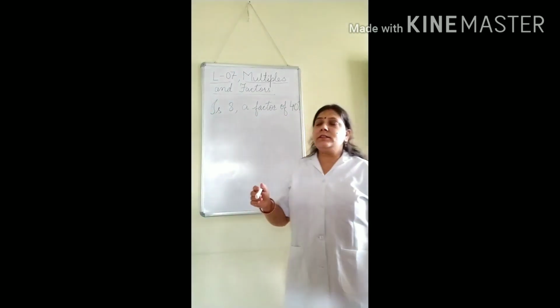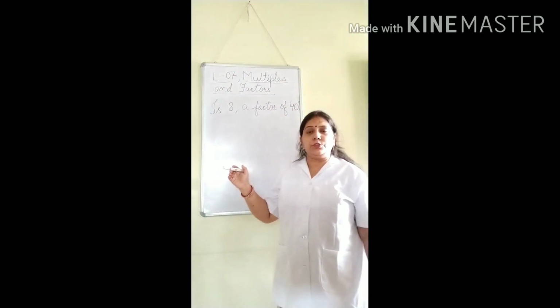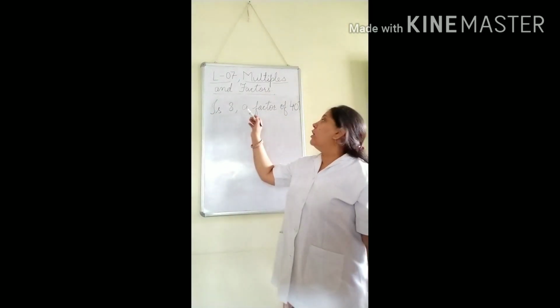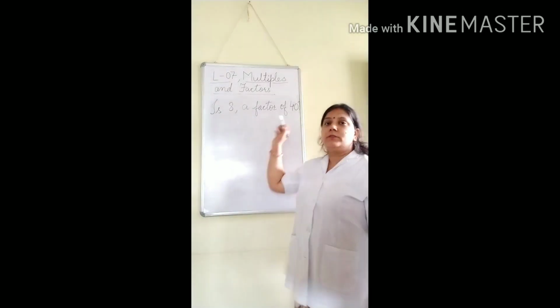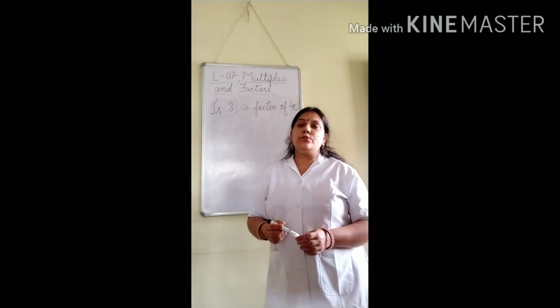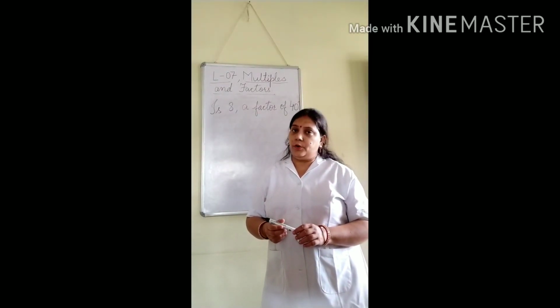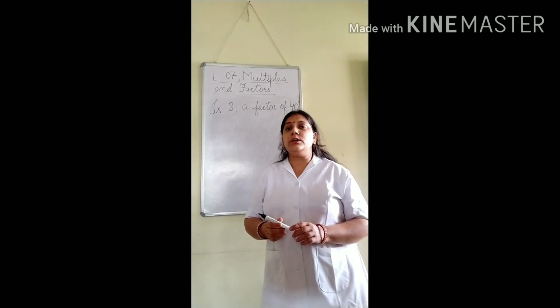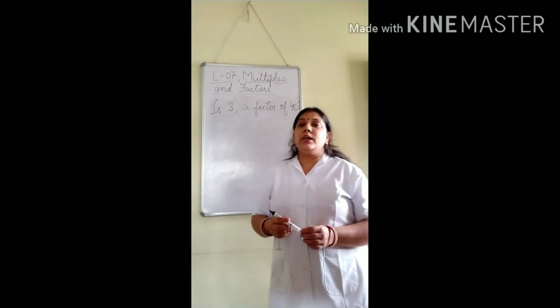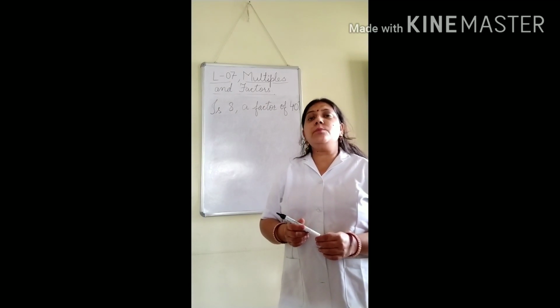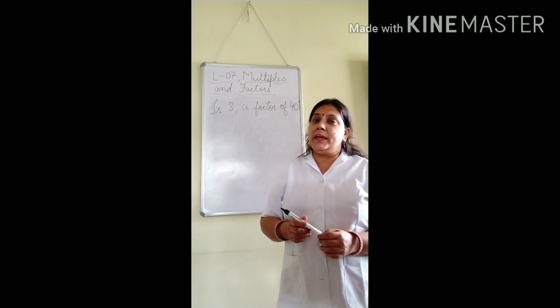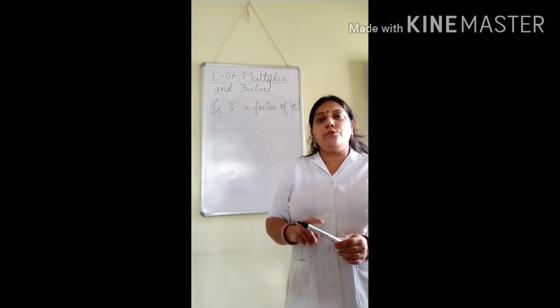Students, let's discuss our first question. Is 8 a factor of 40? Here, no need to write all the factors of 40. We only do the division here. If 40 is divisible by 8 completely, then 8 is a factor of 40.